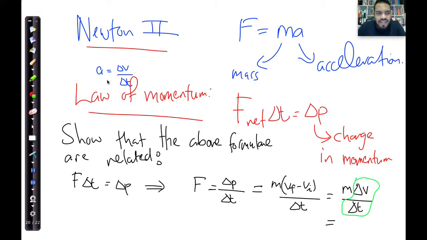We can then say that that is m multiplied by this delta v over delta t, which is a. And therefore we get, of course, F equals ma. And so that's how we can see that the two are related. Newton's second law is equivalent to the law of momentum, because we can take this one, manipulate the formula a little bit, and make it look like that to show that the two are indeed equivalent.